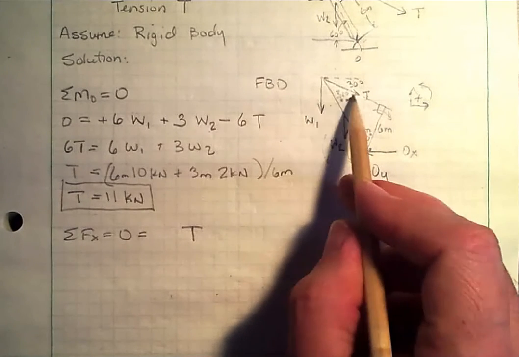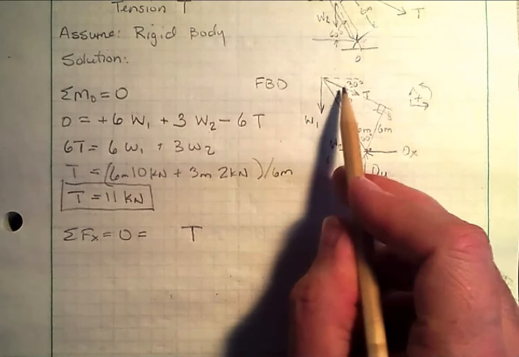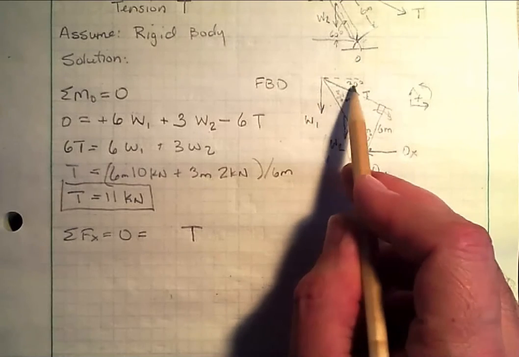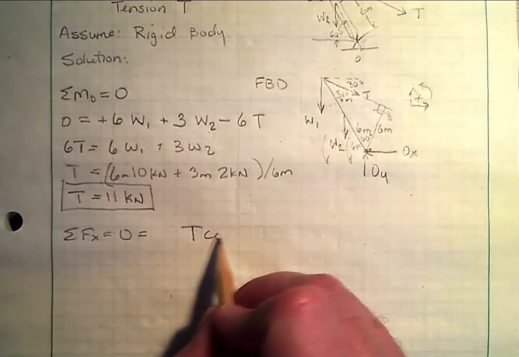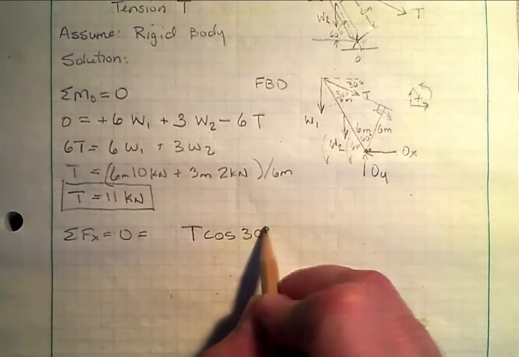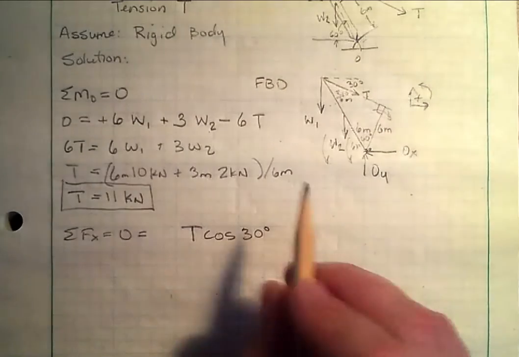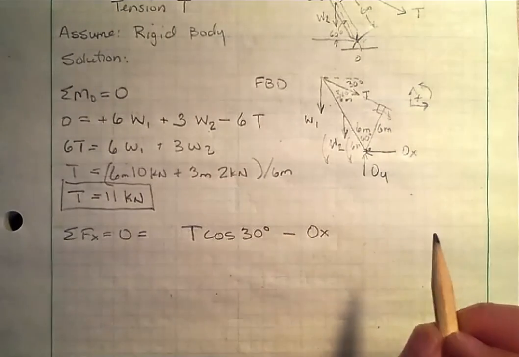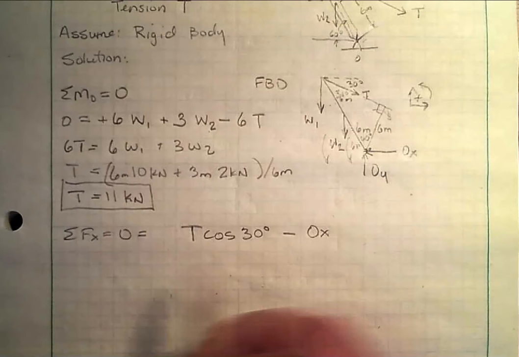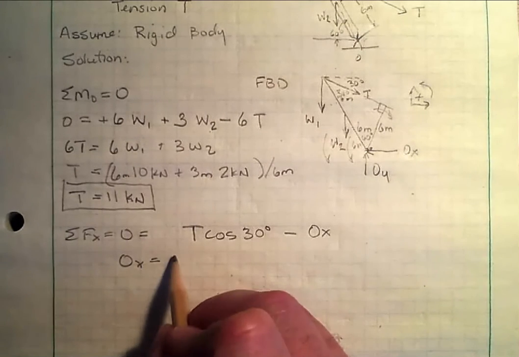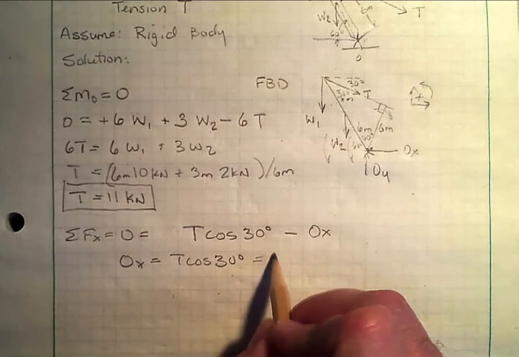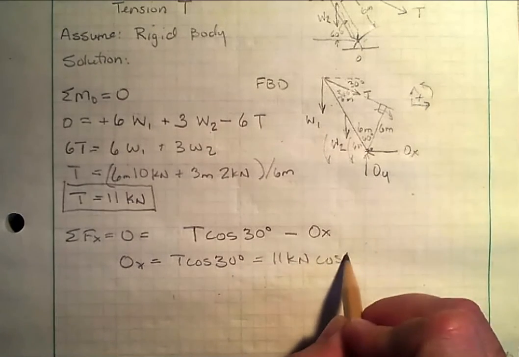In this case, we have our adjacent side, so this is going to be T cosine 30 degrees. That's going to give us our x component. That's acting in the positive direction, minus O sub x. Right? And so all that means is that O sub x is going to be equal to T cosine 30 degrees, which is equal to 11 kilonewtons times the cosine of 30 degrees.